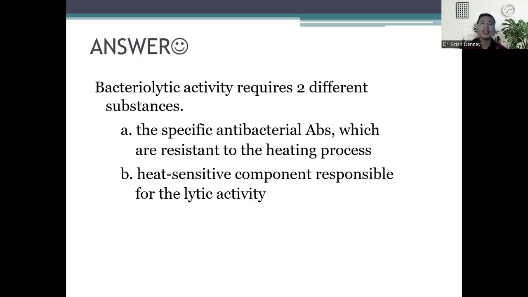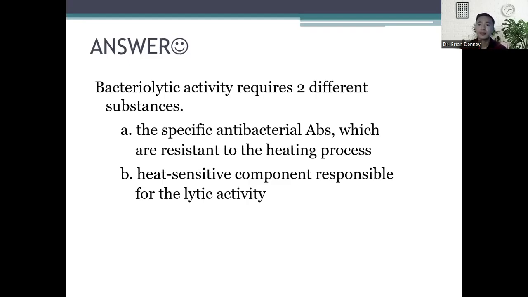Now let me explain these things in detail. Let's start with letter A. It says here, bacteriolytic activity requires two substances. Number one, specific antibacterial antibodies. Remember in the experiment of Jules Bordet, he added an anti-serum containing antibodies specific to Vibrio cholerae, and these antibodies caused lysis of the Vibrio cholerae.